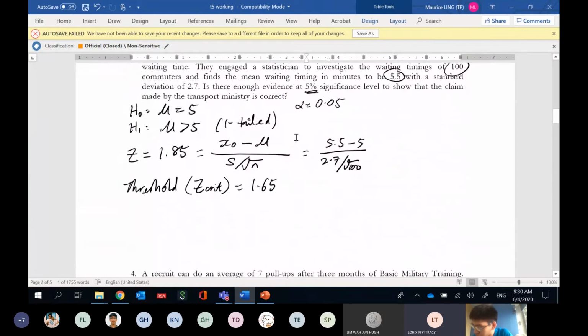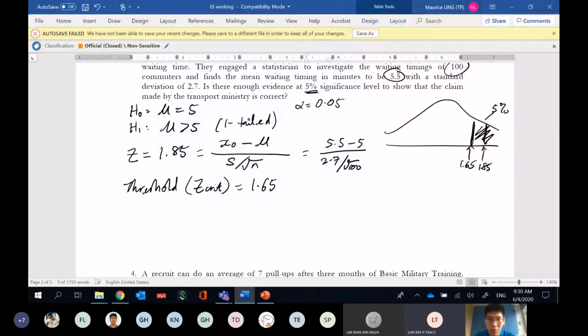Now, do you accept or reject the null hypothesis? I accepted. Why do you accept? Because Z equals 1.85, which is more than 1.65. So you are here. Here is 1.65, and this area is 5%. But you are at 1.85. Is the area more than or less than 5%?